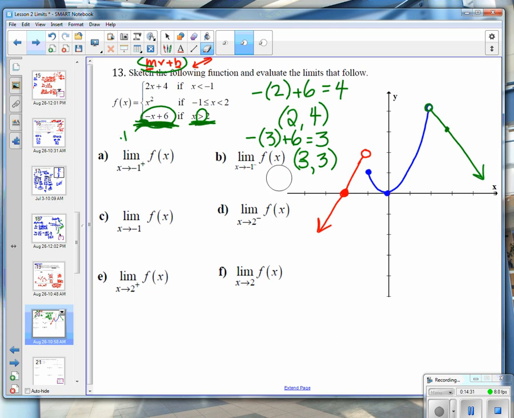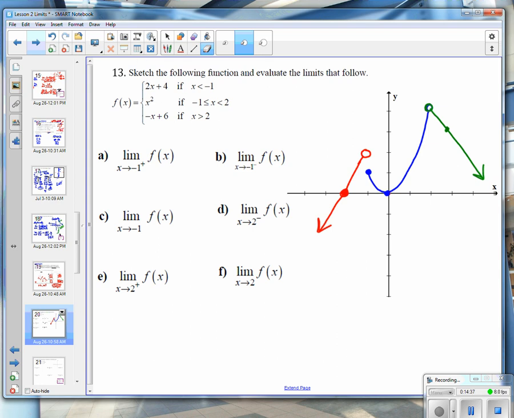So now, once we've got a visual of what we're dealing with here, let's go ahead and answer the following questions. So it's saying the limit as x is approaching -1 from the right. So -1 from the right. Well, -1 is here. From the right, we're coming this way.